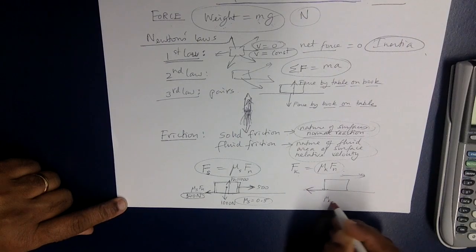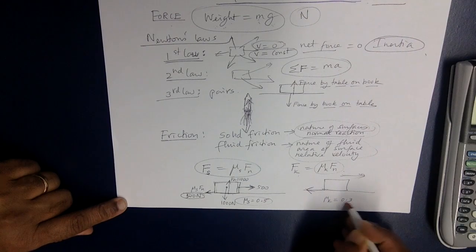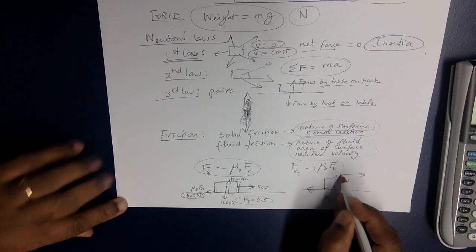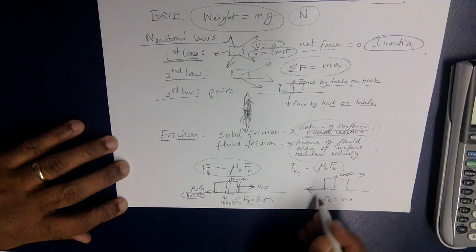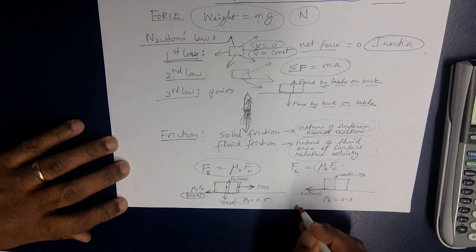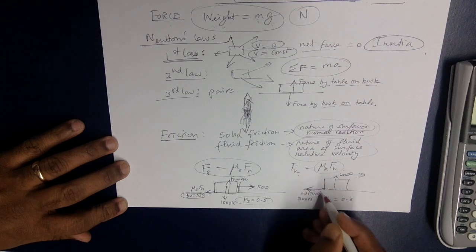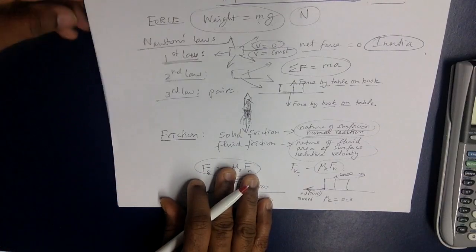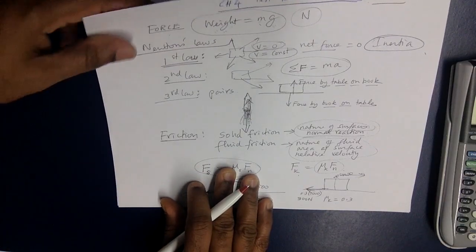So if mu k is 0.3 for this surface, and the normal force is 1000, that means you can expect a maximum of 0.3 times 1000, which is 300 newtons, as frictional force. All right, hope the concepts are clear so far.